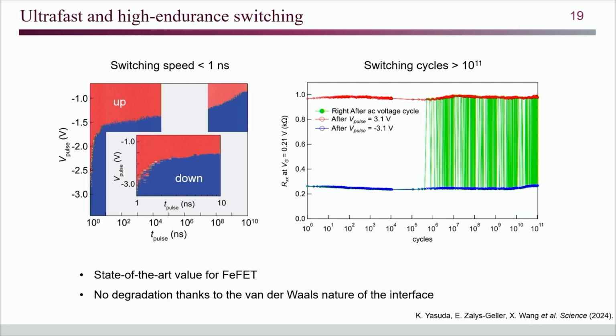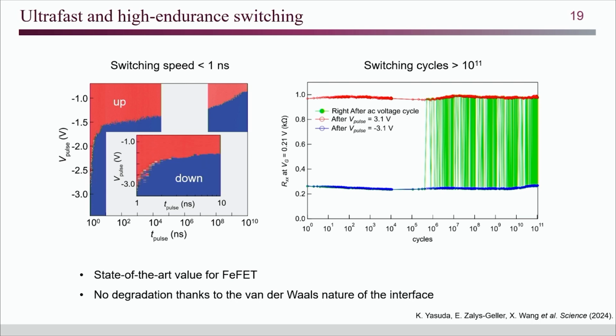And more importantly, even down to 1 nanosecond, we still successfully see the switching. So this is kind of the ultra-fast switching, which is comparable to the state-of-the-art performance of this hafnium oxide ferroelectric FET.